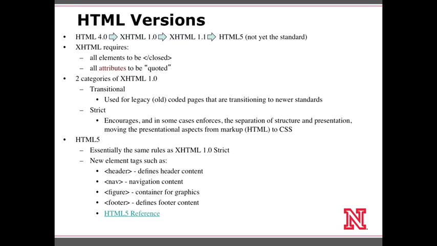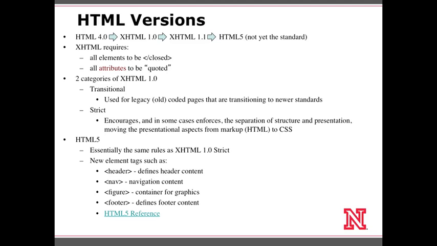Just a bit of history about HTML. This doesn't go all the way back, but starting with HTML4, which is really what the web was based on, the next version is XHTML, which strengthened the rules for HTML and required a lot of extra things to happen for that code to be valid.